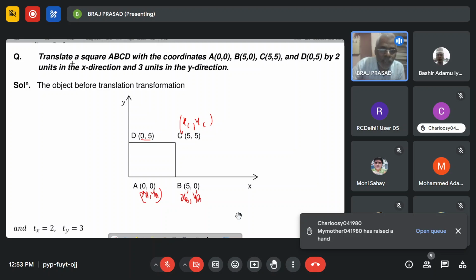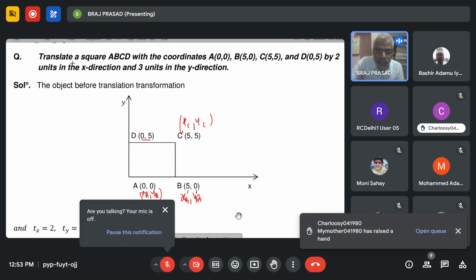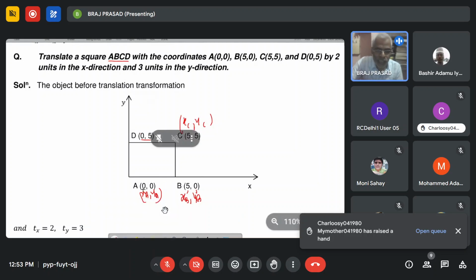Translate a square ABCD. This ABCD is a square with the coordinates A 0 0, x is 0, y is 0. B x5, y0. C x5, y5, and D x0, y5. So this is our original object, and it is a square.